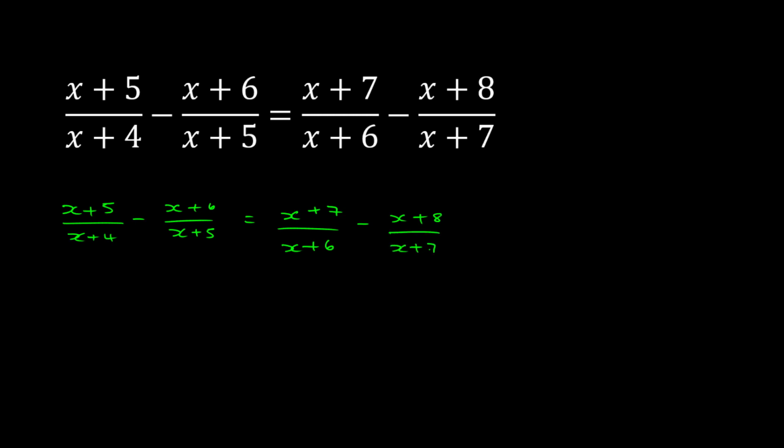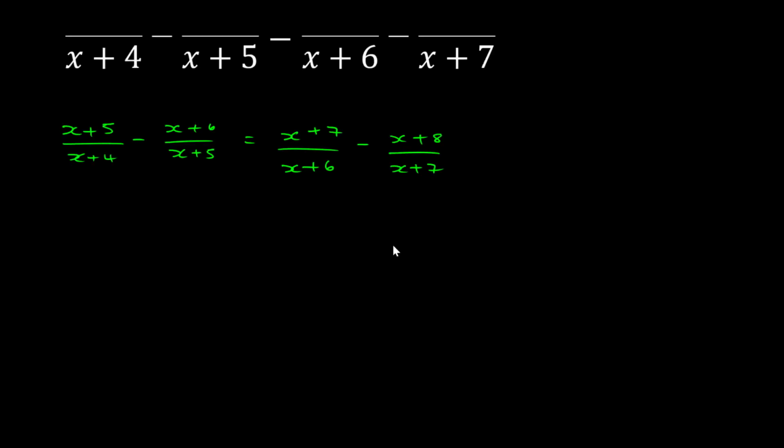So now that we have that written down, I'm going to draw the fraction bar for the common denominator, which would be x plus 4 being multiplied by x plus 5 on this side, and this would be equal to, now on this side it would be x plus 6 being multiplied by x plus 7.